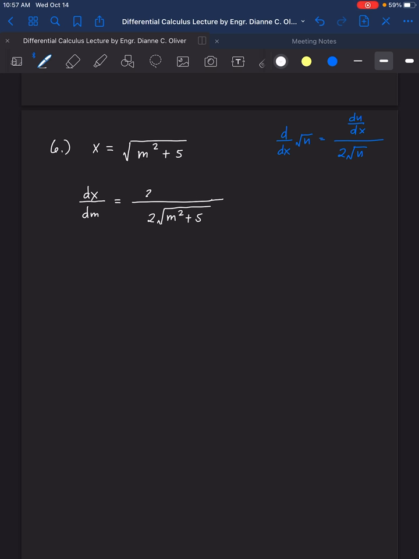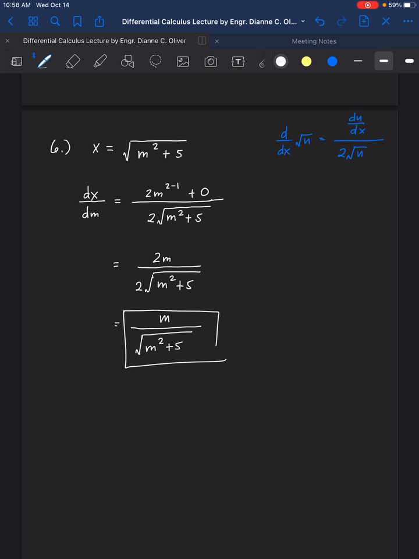So we have 2m to the power 2 minus 1 plus the derivative of 5, which is 0. So, simplify: 2m over 2 square root of m squared plus 5. Cancel 2. So the final answer here is m over square root of m squared plus 5. Okay. Simple radical sign.